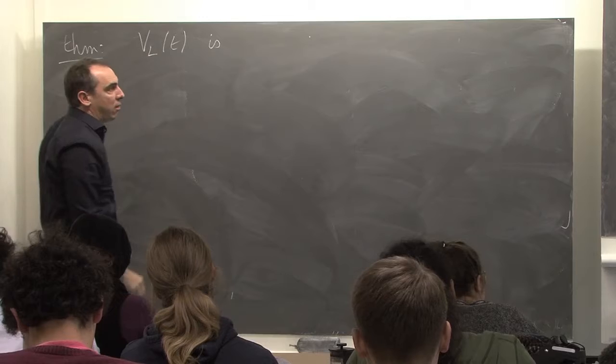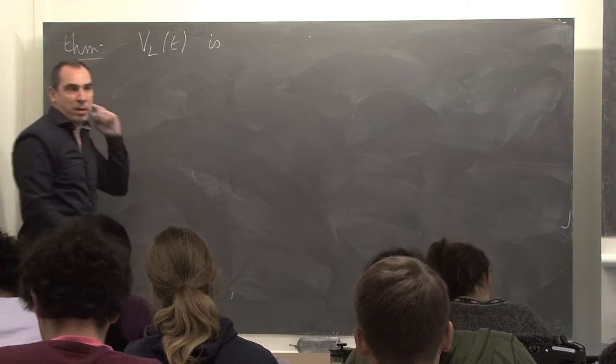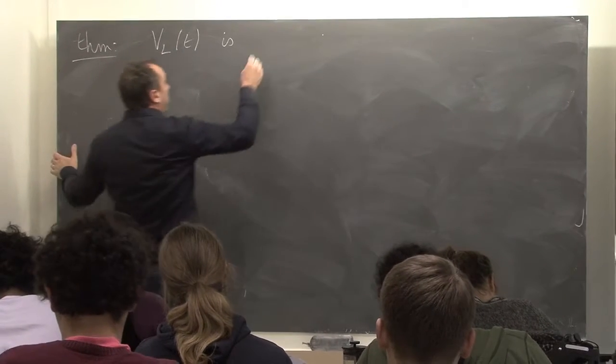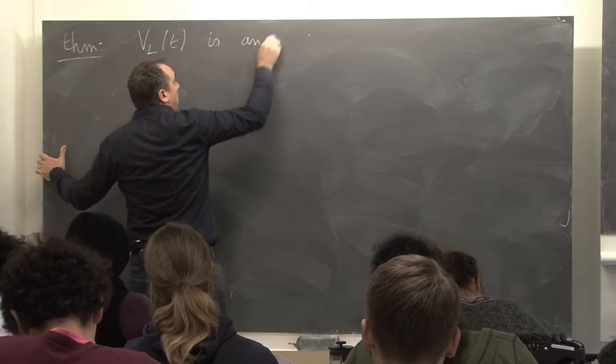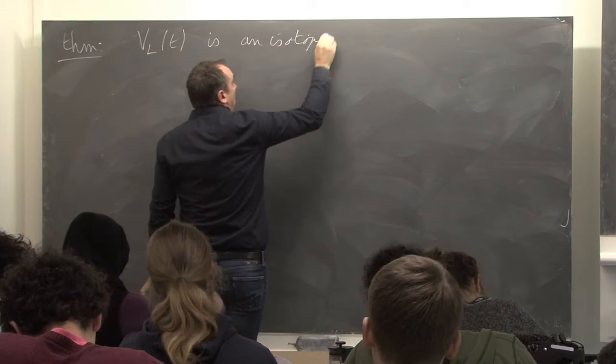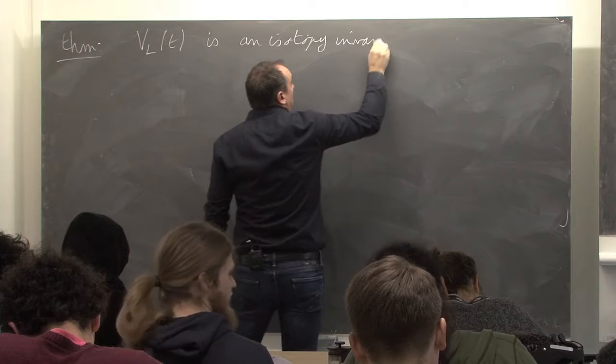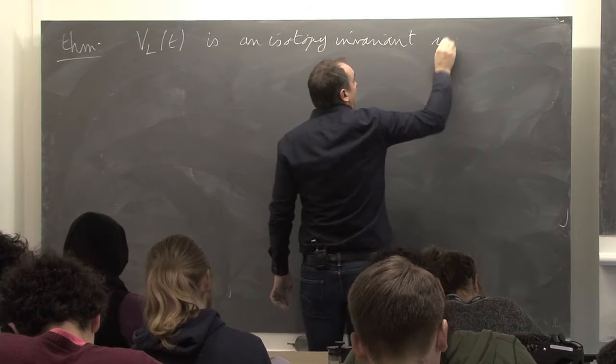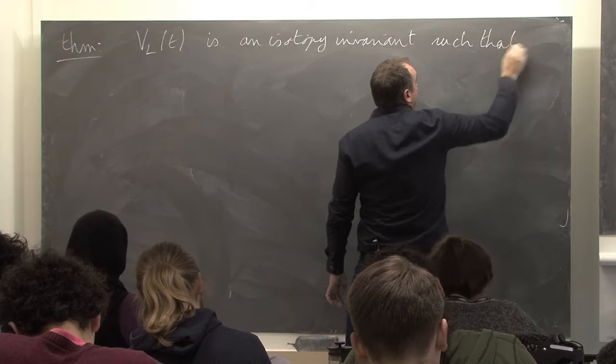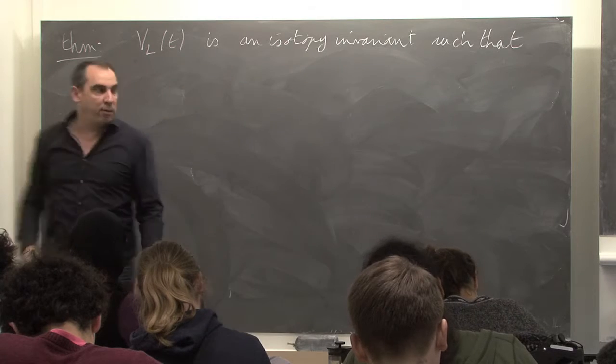So, of course, since the Kauffman polynomial is an isotopy invariant, so is the Jones polynomial. But it satisfies the following relations.